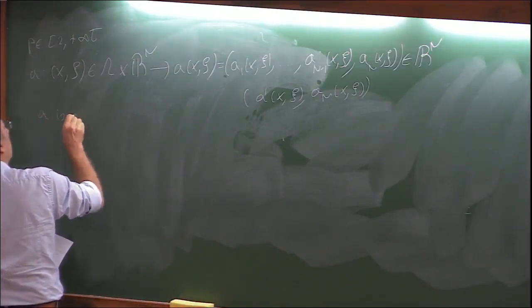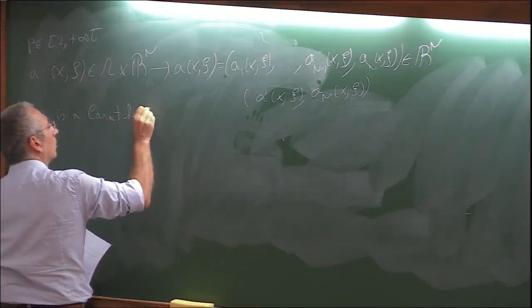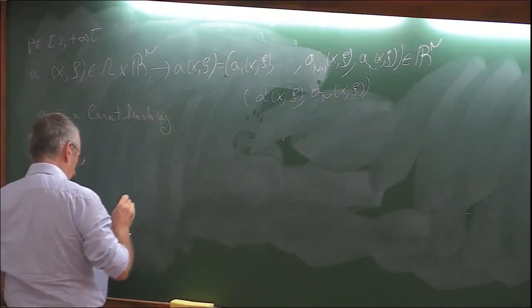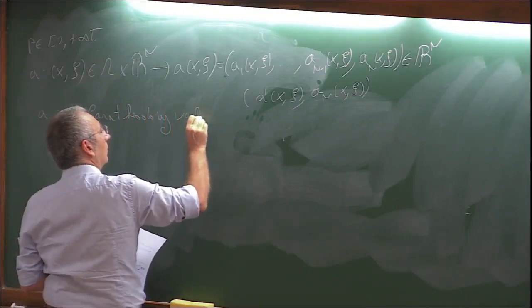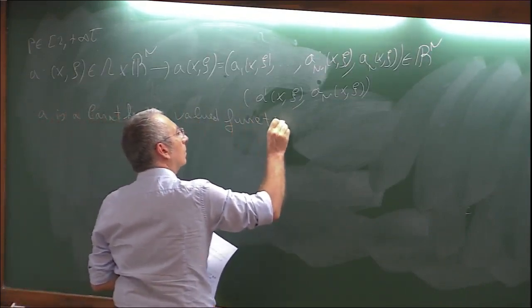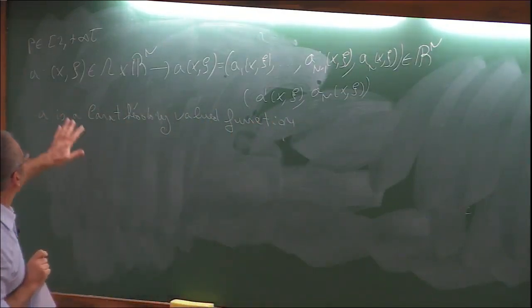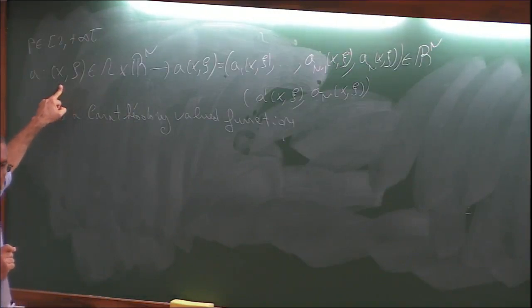A is a Caratheodory valued function. What this means? That it is measurable in x for every c, and is continuous in c for almost every x in omega.